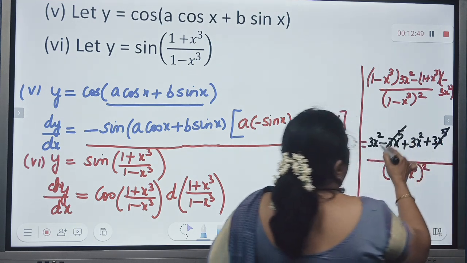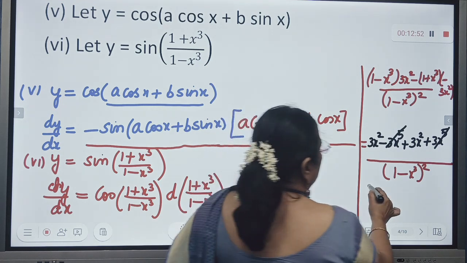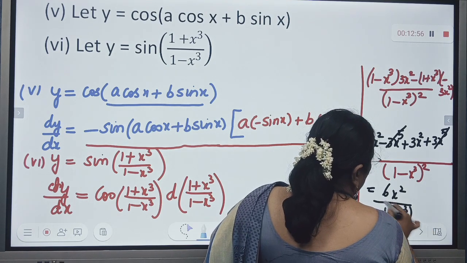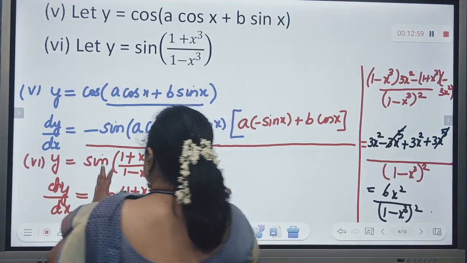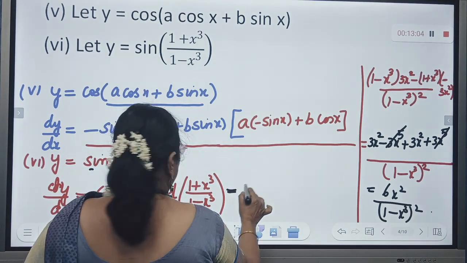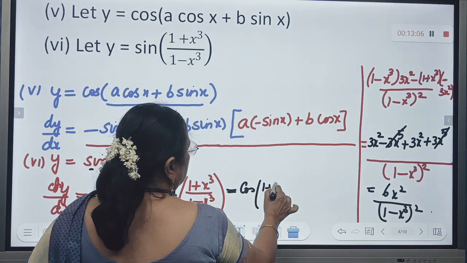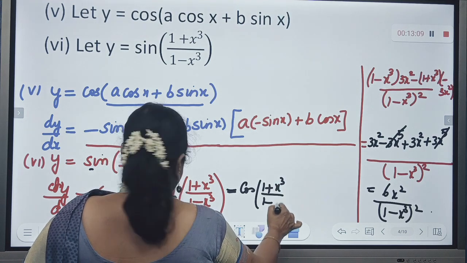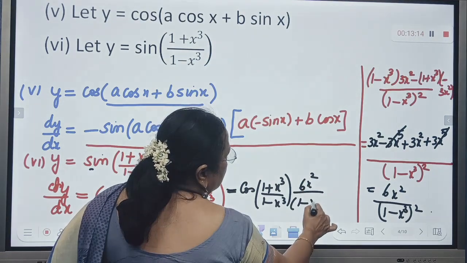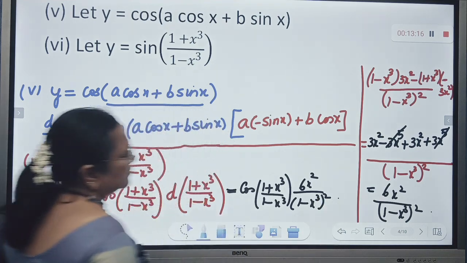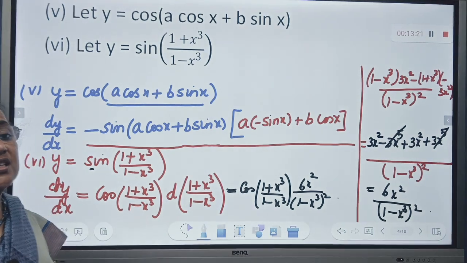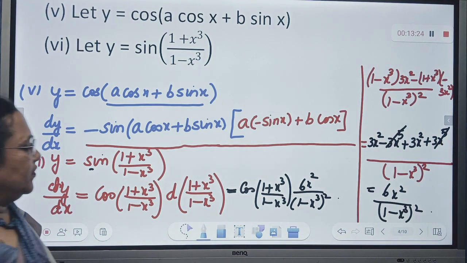So 3x power 5 gets cancelled, leaving you 6x square by (1 minus x cube) the whole square. So for the original function, sine of (1 plus x cube by 1 minus x cube), the derivative will be cos of (1 plus x cube by 1 minus x cube) into 6x square by (1 minus x cube) the whole square. So this is what is called the chain rule. (f composite g) dash of x is f dash of g of x into g dash of x.